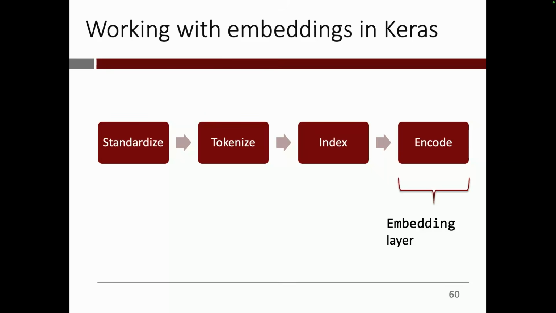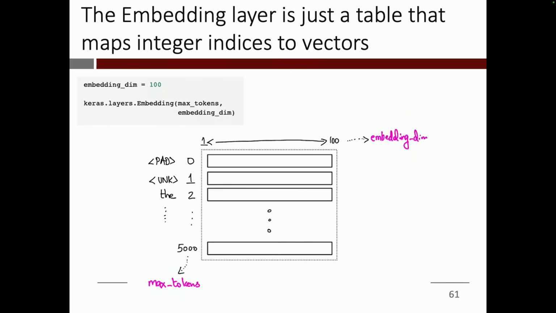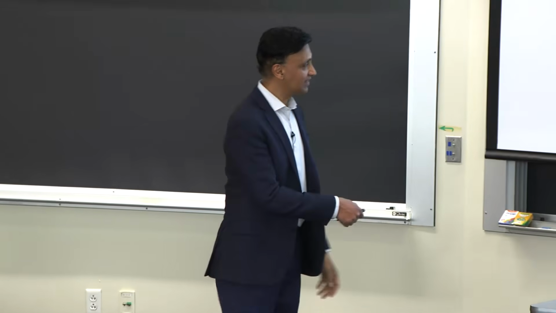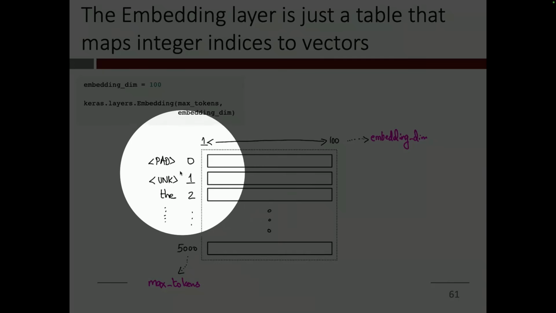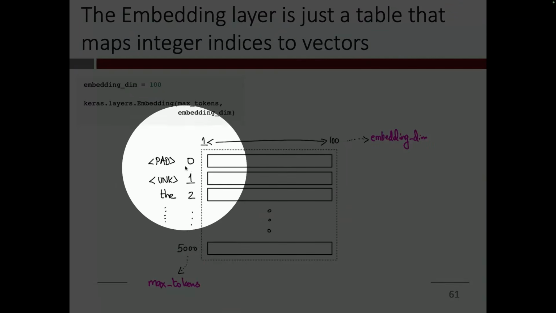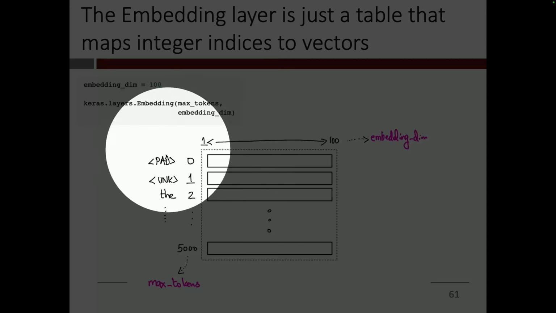Once we do that, we then go to the embedding layer, and the embedding layer is actually very simple. What is an embedding? It's just a vector, and we need a vector for every token. Of course, we're going to learn these vectors. Let's say these are all the tokens we have in our vocabulary after the STI process. Maybe in this case, we have 5,000 tokens.